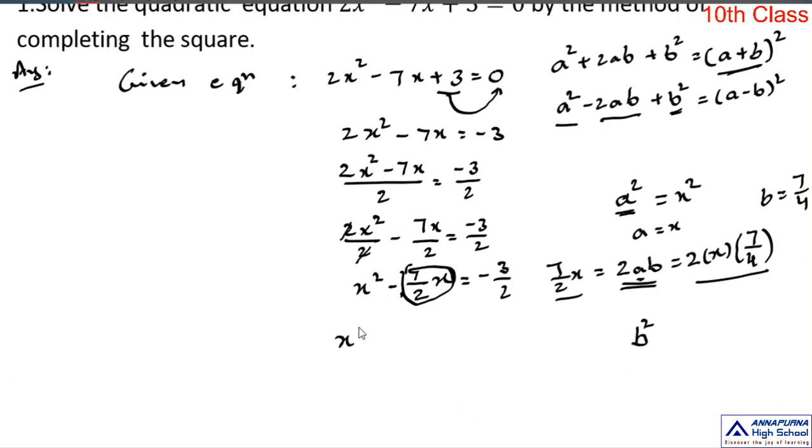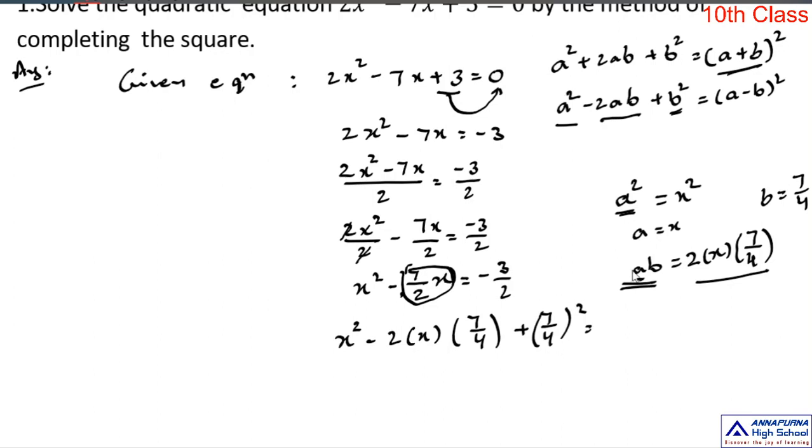That means x square minus 7 by 2x, here we express as 2 into x into 7 by 4, and I am adding b square. Here b is equal to 7 by 4, so plus 7 by 4 whole square. I am adding this b square on the left side.